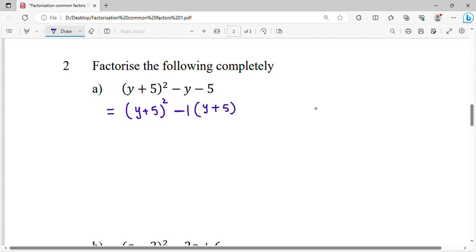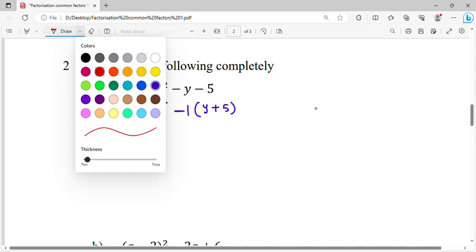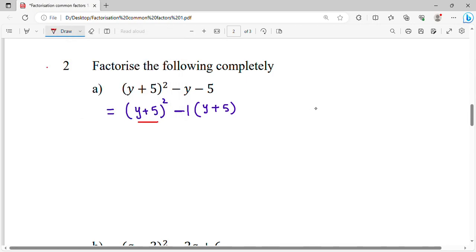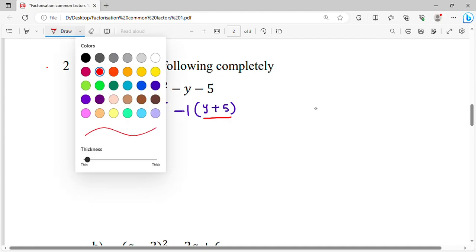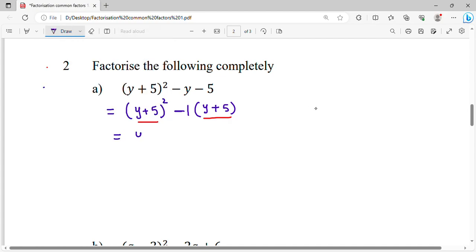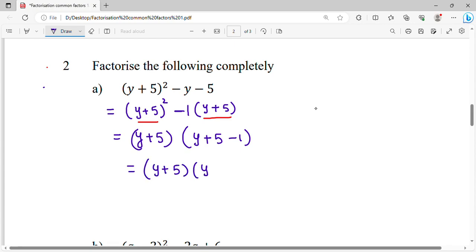Now you see, y plus 5 is the common factor. So if I take out y plus 5, what's left here? y plus 5 minus 1. So this becomes y plus 5 bracket y plus 5 minus 1. You could simplify further and write it as y plus 4.